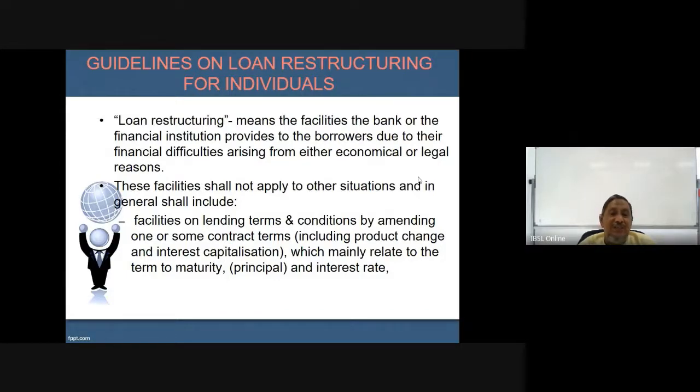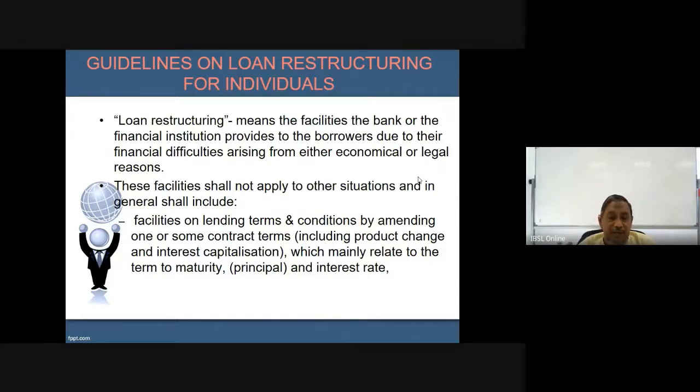The change of structure. We discussed that a change of structure includes terms, repayment terms, conditions, right? Interest rate, recovery of interest, capitalization, or interest waiver, or giving a credit facility for recovery of interest.